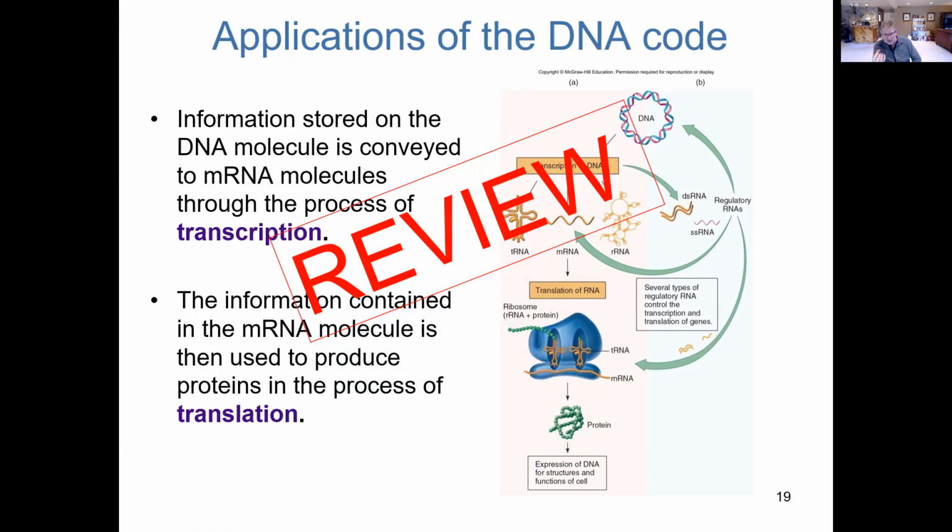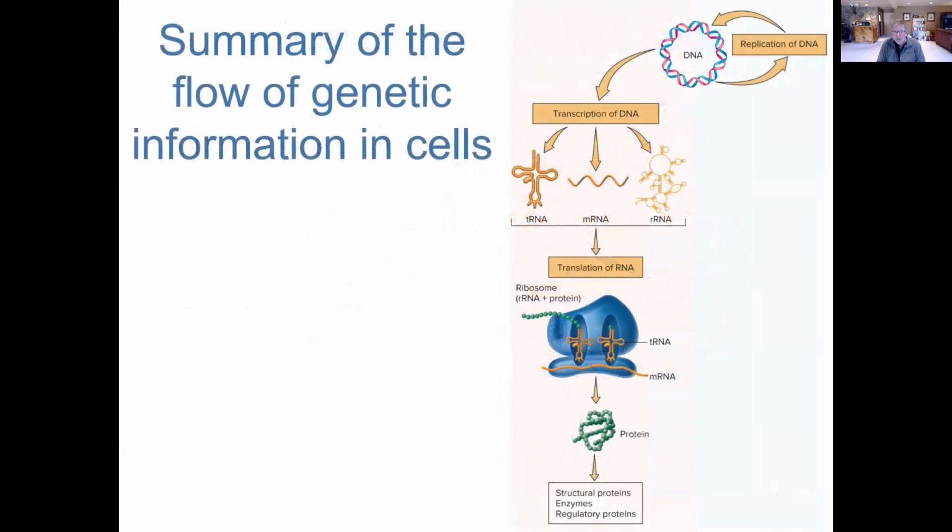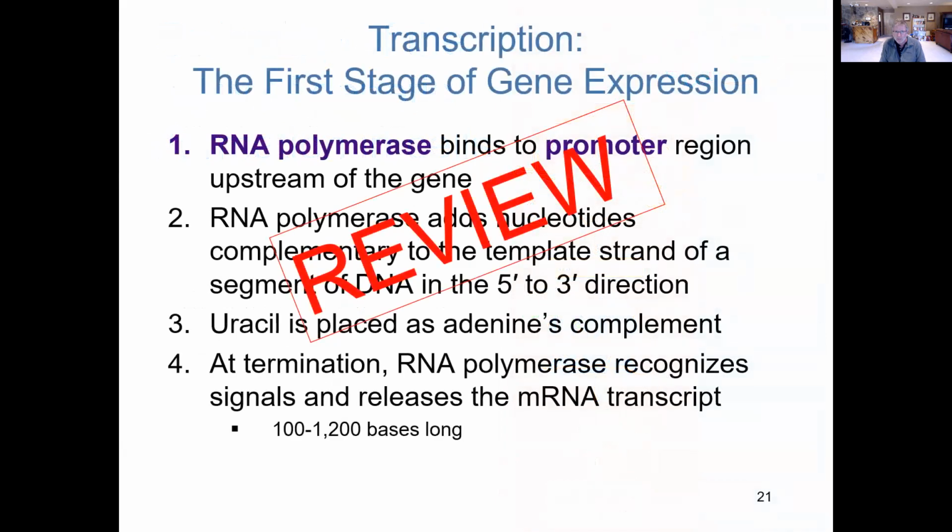And then in translation, the messenger RNA is utilized with the help of transfer and ribosomal RNA to help produce a protein. Okay, and this is what we just talked about.